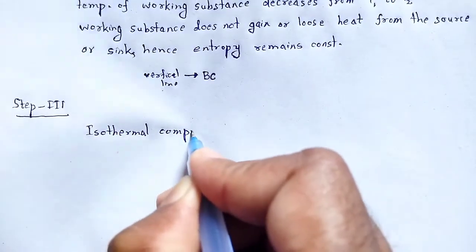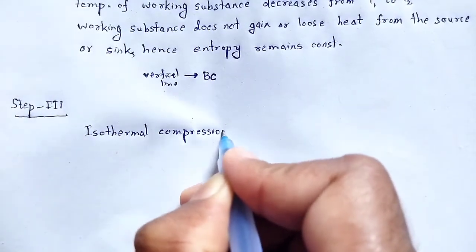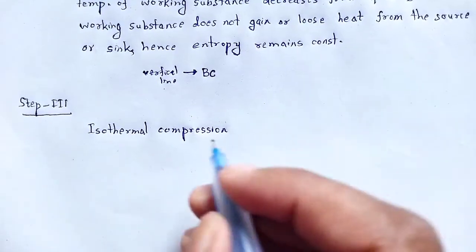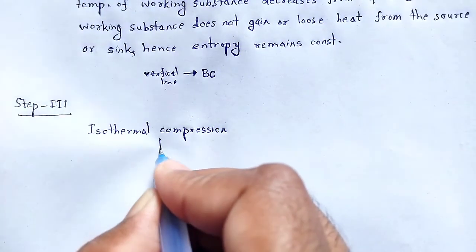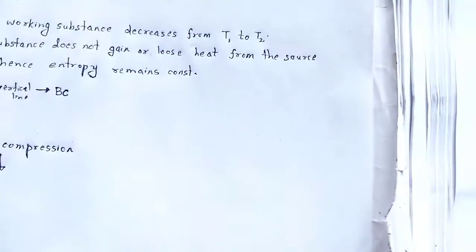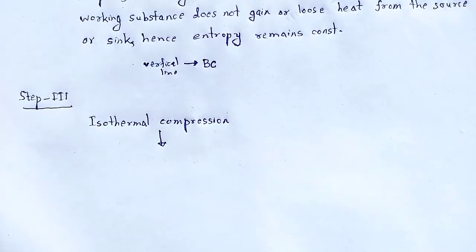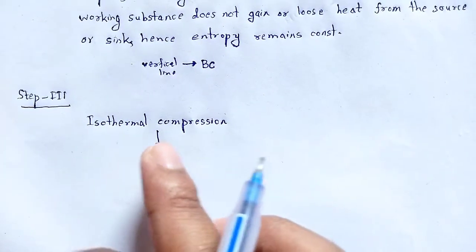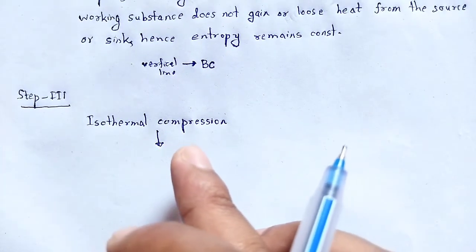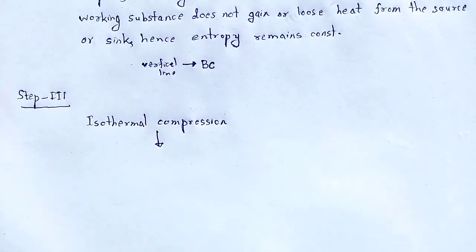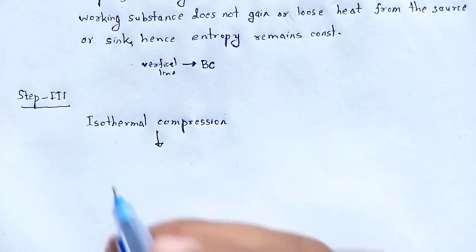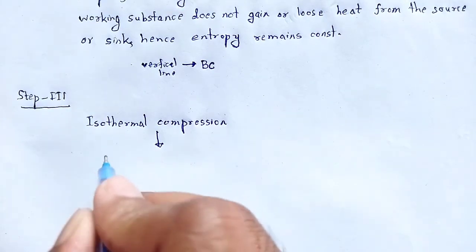How do we represent it in the graph of temperature and entropy? In isothermal compression, step number 3, the working substance loses the amount of heat Q2 to the sink at temperature T2.